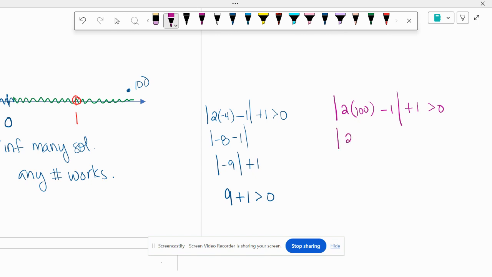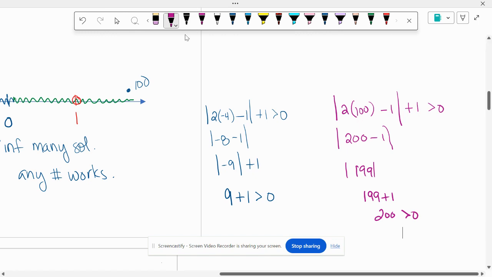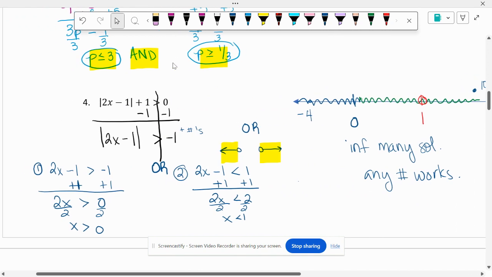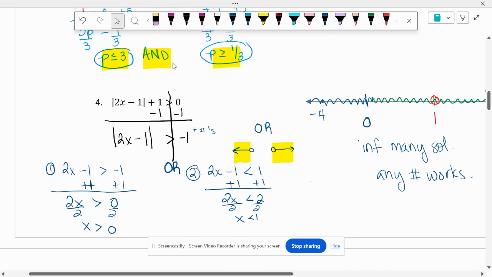Well, 2 times 100 is 200 minus 1. That's 199. The absolute value of 199 is 199. And 199 plus 1 is 200, and 200 is greater than 0. Okay? So any number will work. This is infinitely many solutions.